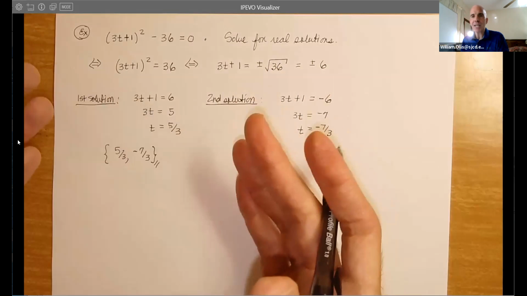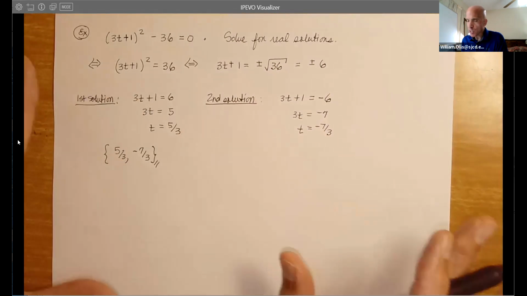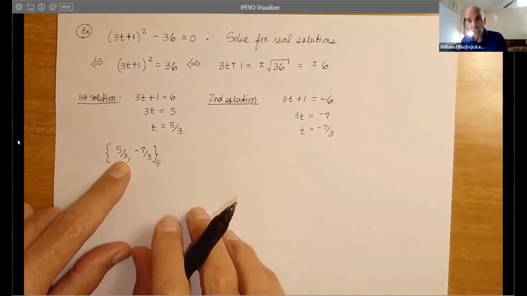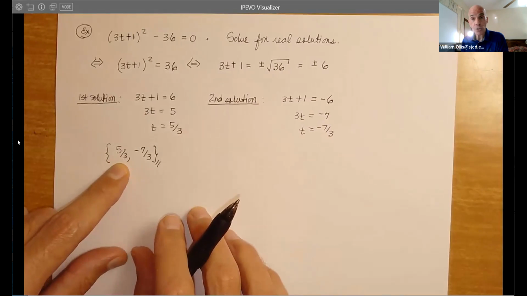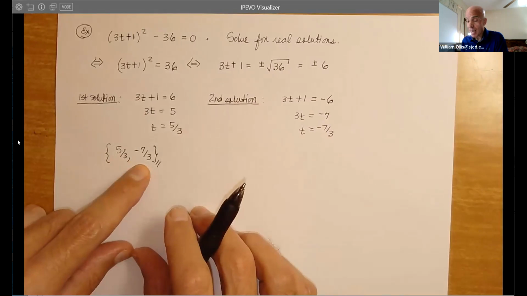Then we can manipulate that exact response to make some deductions. So when I finish my problem, I go into WebAssign and I type a fraction, 5/3. Or I could write it as 1 2/3, comma, and then I type a fraction, -7/3, or -2 2/3.